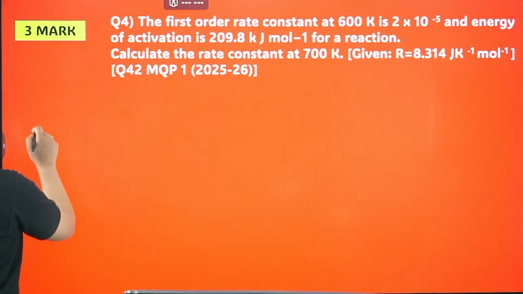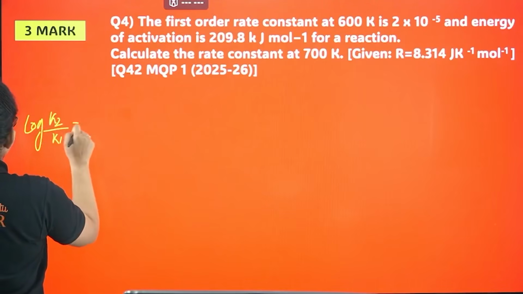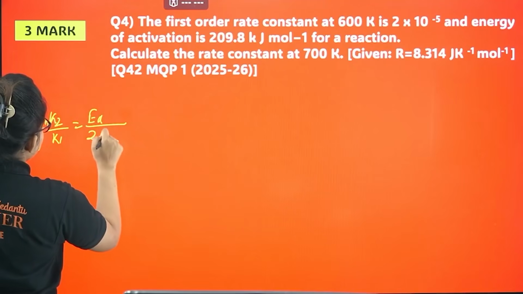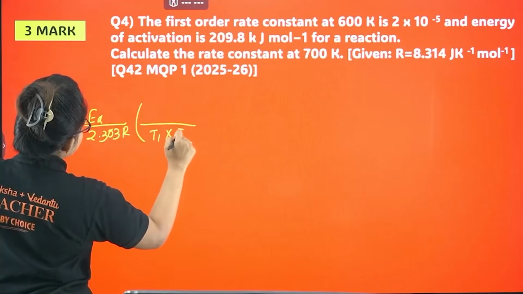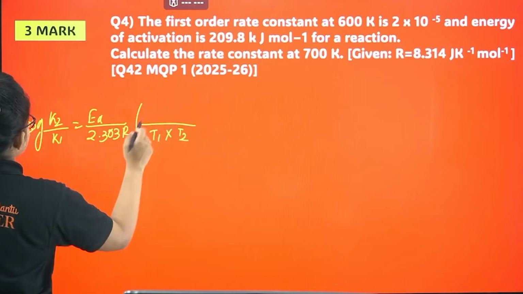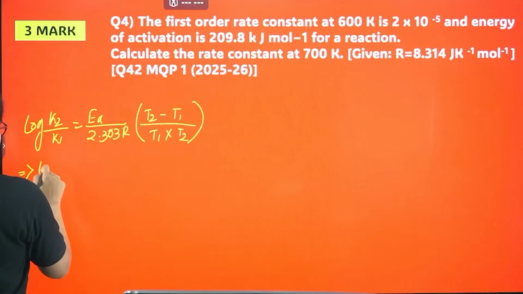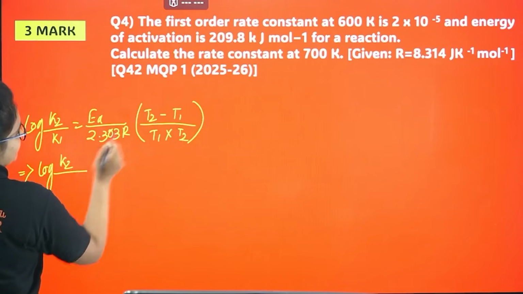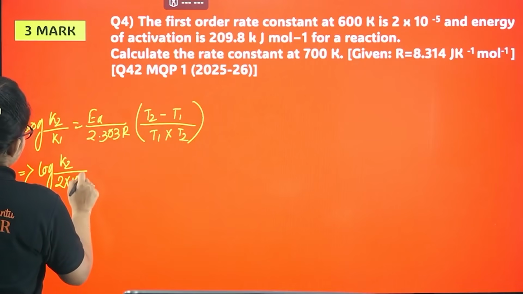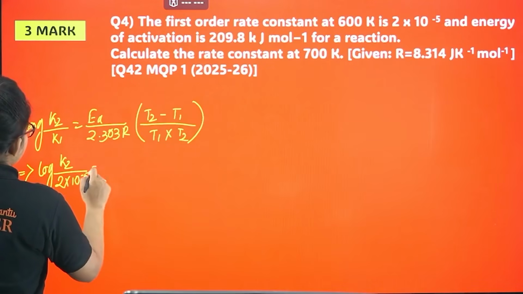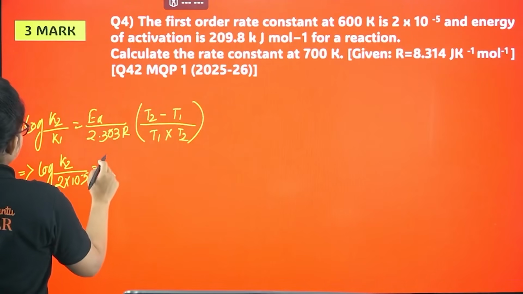Let's proceed. So log K2 by K1 equals Ea by 2.303 R into (T2 minus T1) by T1 into T2. K2 you have to find out, K1 we can put from the question itself, that is 2 into 10 power minus 5, equals Ea value. You can see it's given in kilojoule per mole; we will convert it to joule.